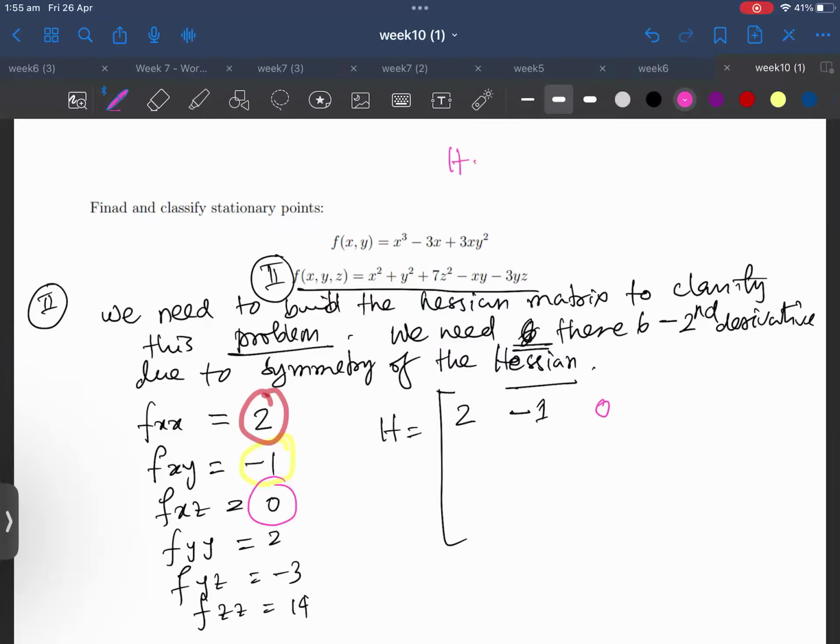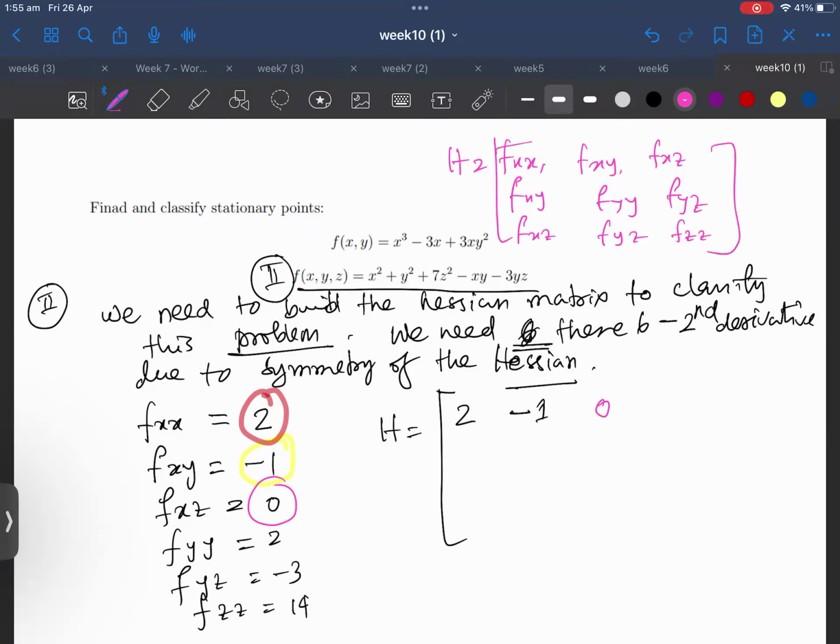So basically H is f_xx, f_xy, f_xz, then f_xy, f_yy, f_yz, and then f_xz, f_yz, f_zz.